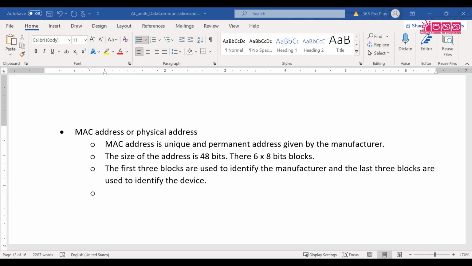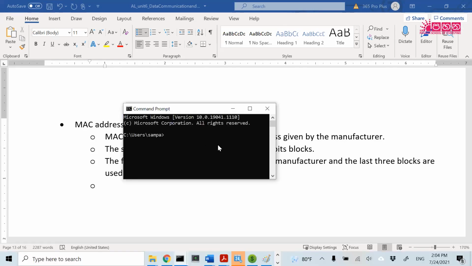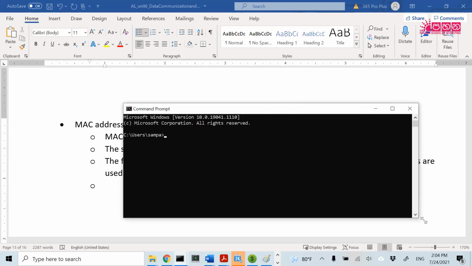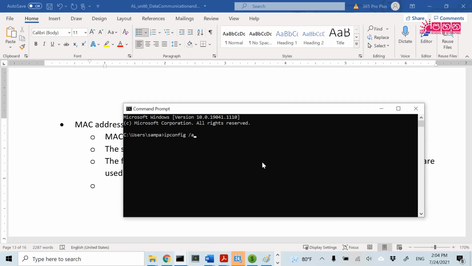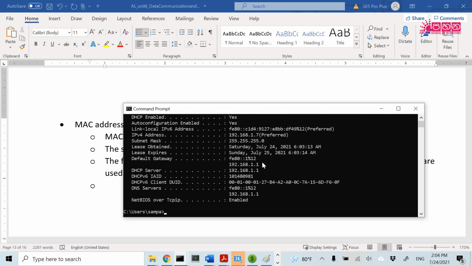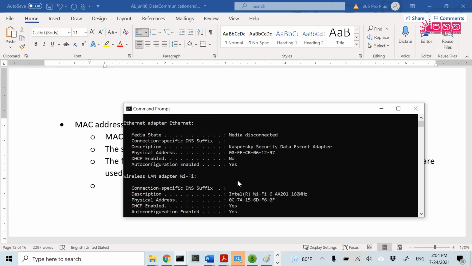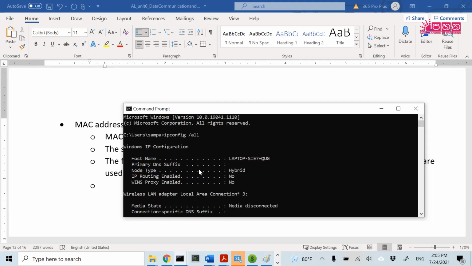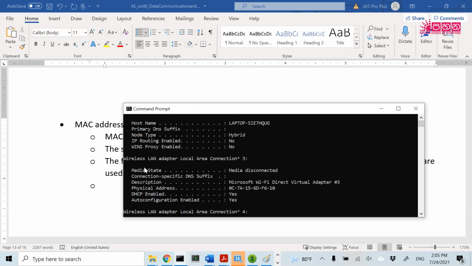Let me share my screen. Okay, so this is my screen. Now I'm going to see my MAC address. I type ipconfig /all, and if you go through the details given, it shows the IP configuration.